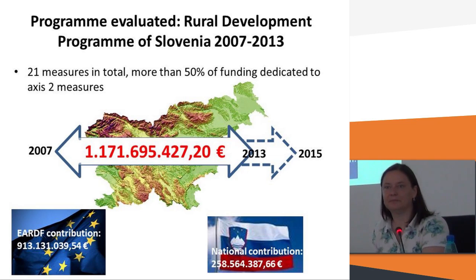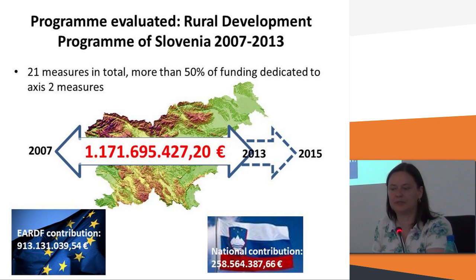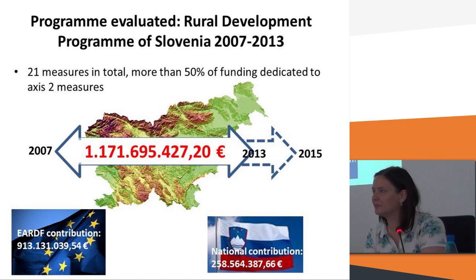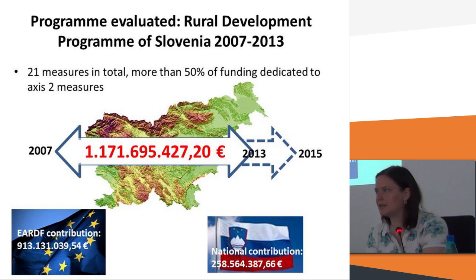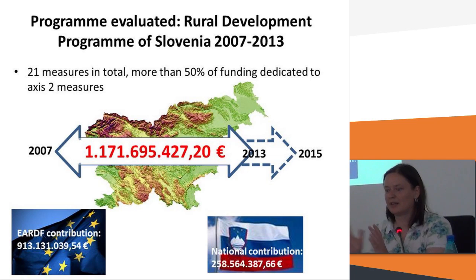So, the program that we are evaluating is, of course, the Rural Development Program of Slovenia, 2007-2013. Slovenia is a chicken-shaped country, eastern neighbor of Italy, and it's smaller than Sicily, about 20,000 square kilometers, while Sicily is 25,000 square kilometers, so that we have a picture in mind.